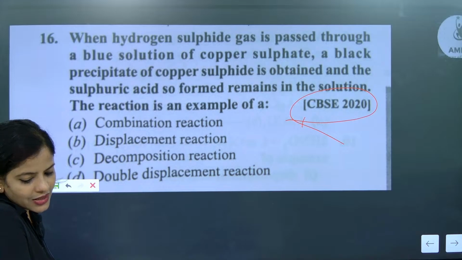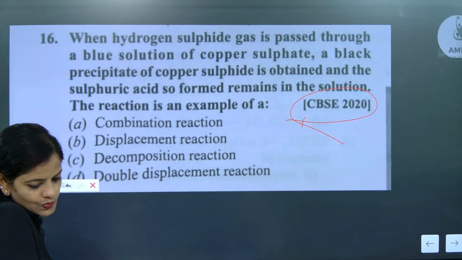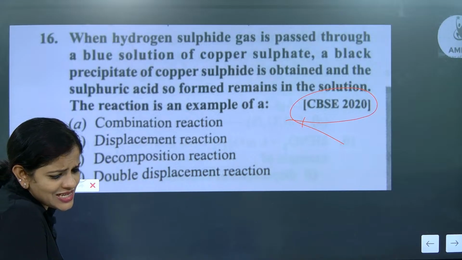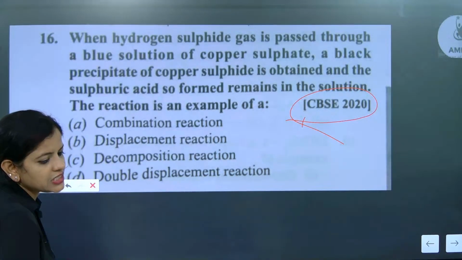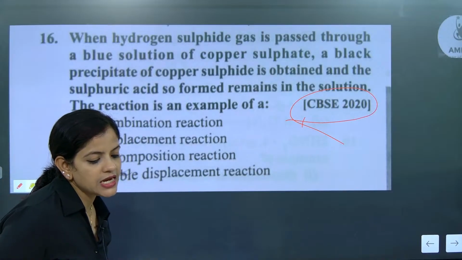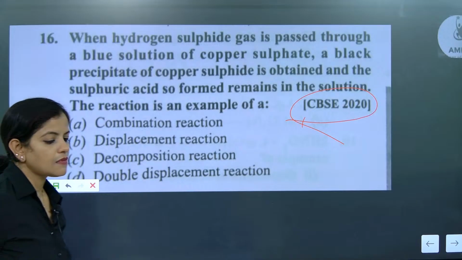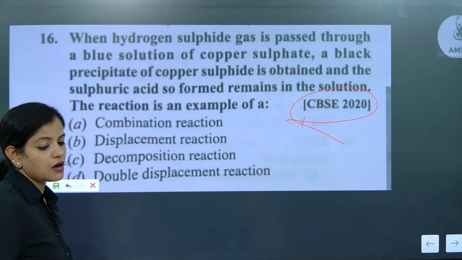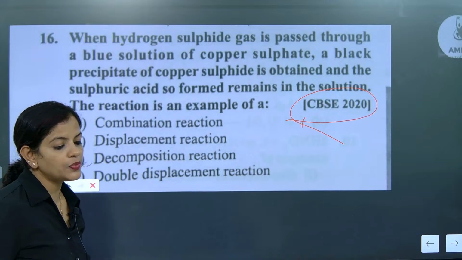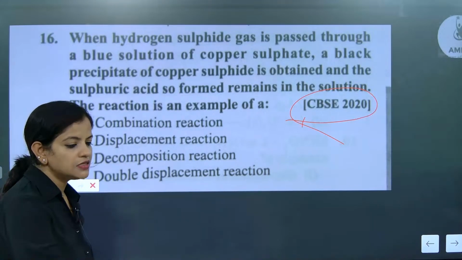Let's see. What is the answer? Maha is telling the answer is D. Vishwa is telling option D. Anyone else?